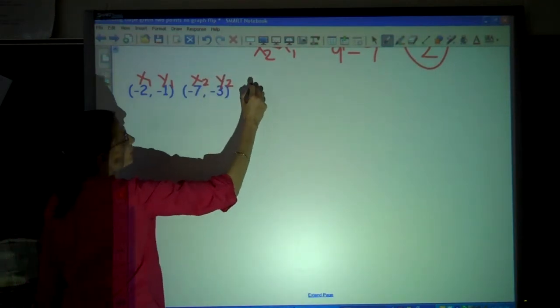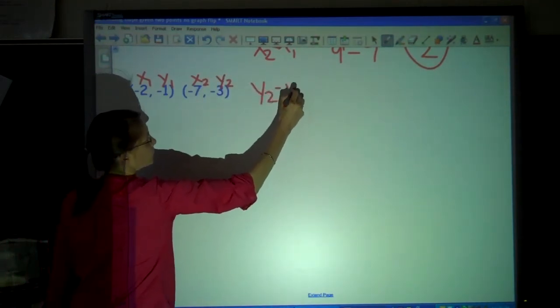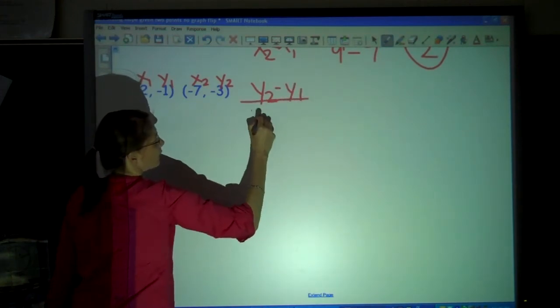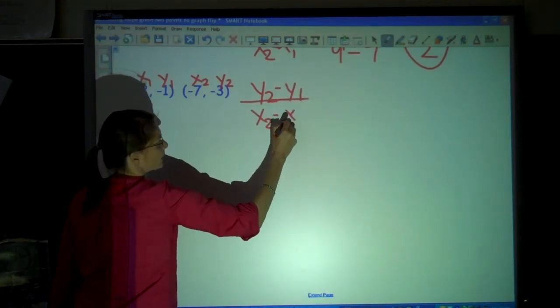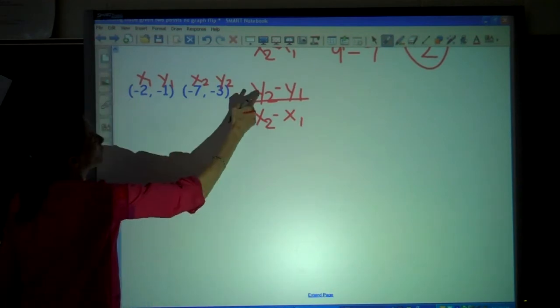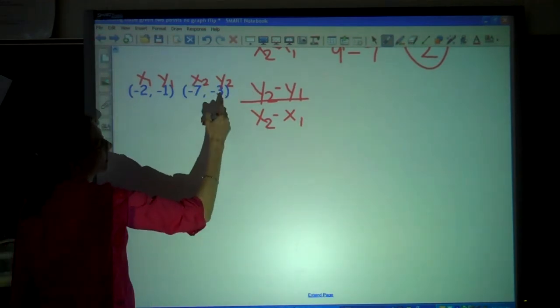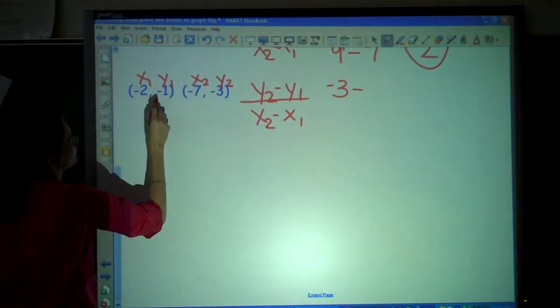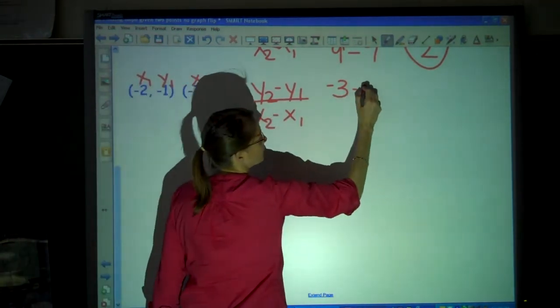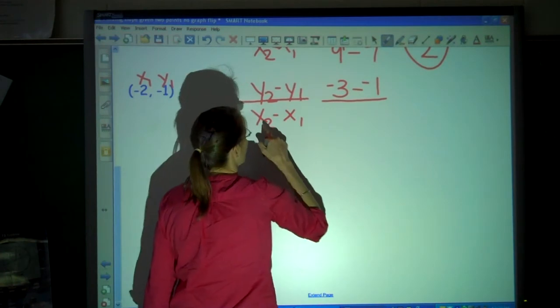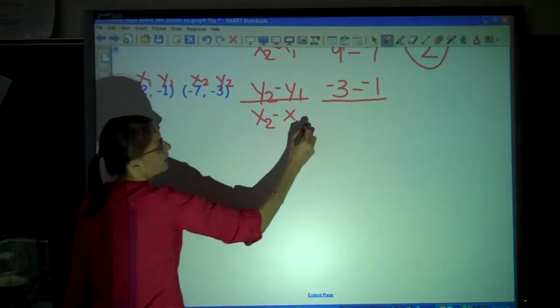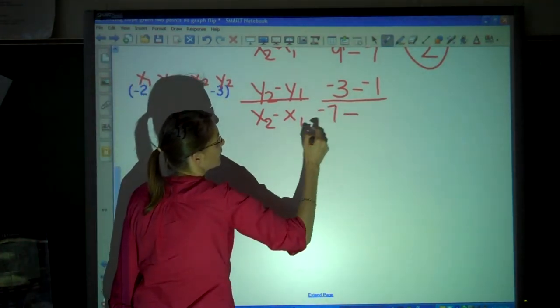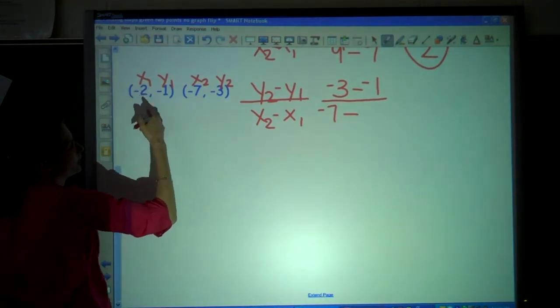Write down my formula, y2 minus y1 over x2 minus x1. So y2 is -3 minus y1, which is -1, all over x2, which is -7, minus x1, which is -2.